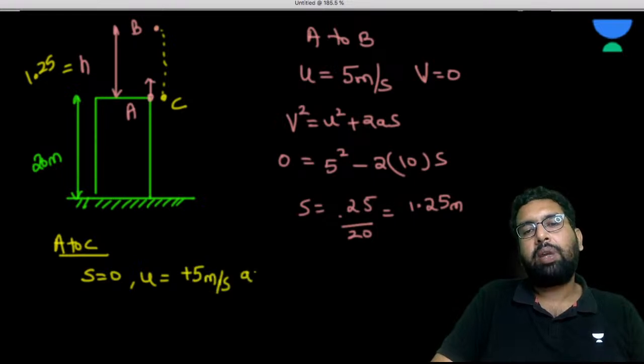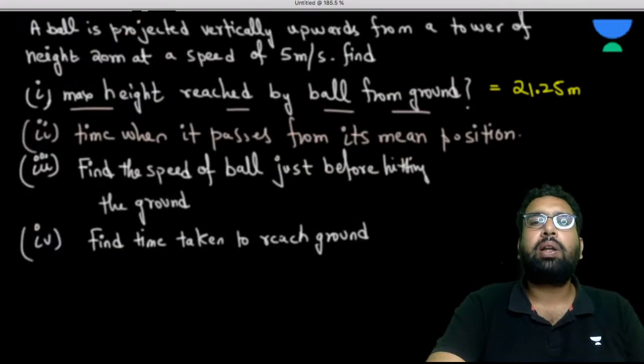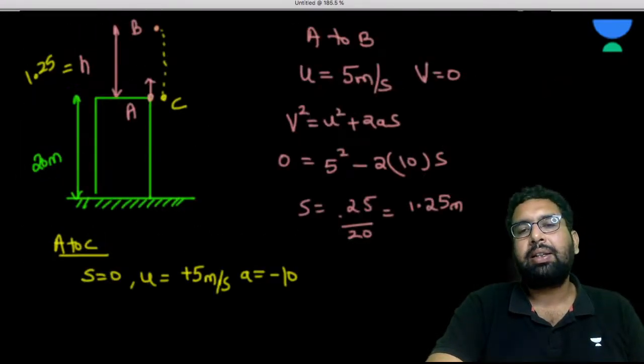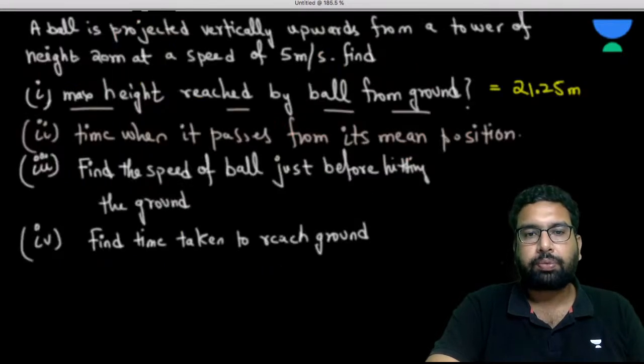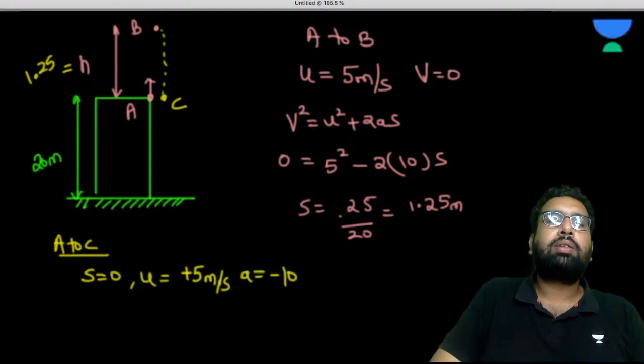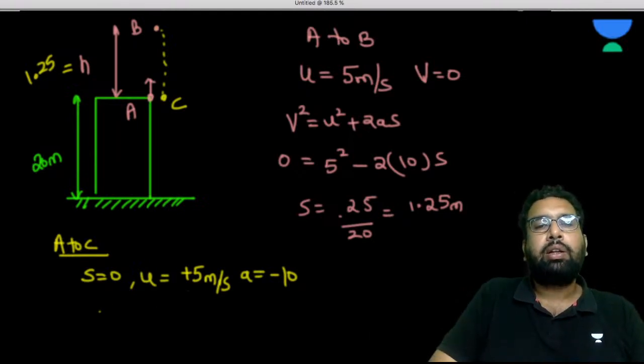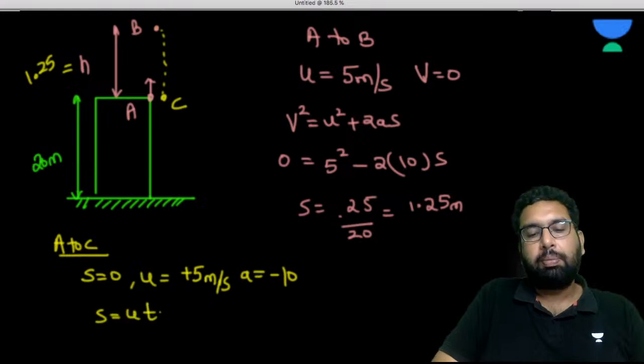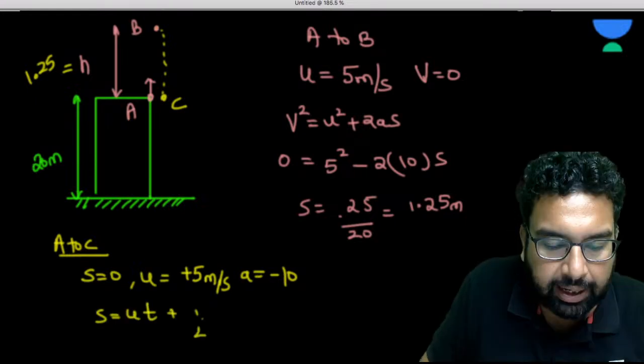Acceleration, when it is due to gravity, it is always in the downward direction, so that is going to be minus 10. Okay, and time is ours. So we have S, we have u, we have a. Now we understand S is equal to ut plus half at square.